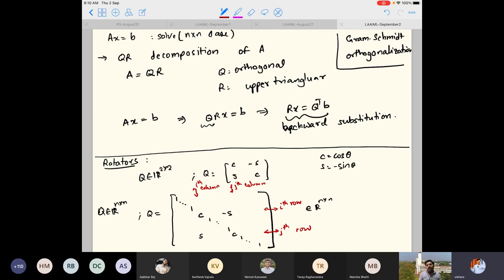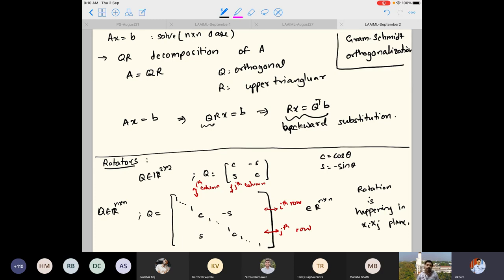So if you really want to say the xi, xj plane, the rotation is going to happen in the vector components xi, xj. So that is the plane in which rotation will happen.